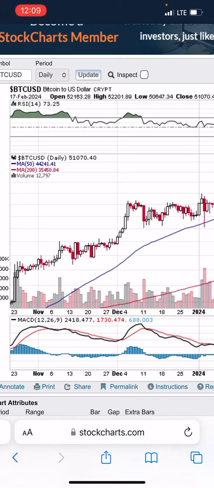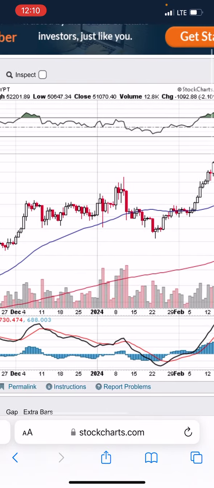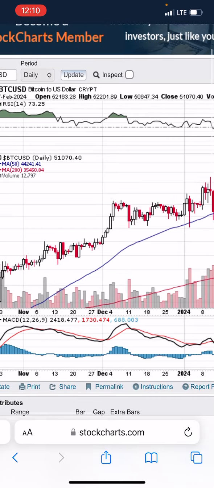The rest of them are just manipulated by the exchanges, by the project teams and devs. They're just manipulated. There's no real point of trading them. Like, if you give me a brand new currency with a market cap of 200K, there's zero reason that you should trade that.